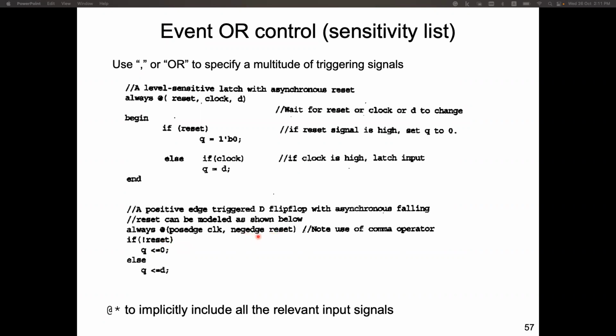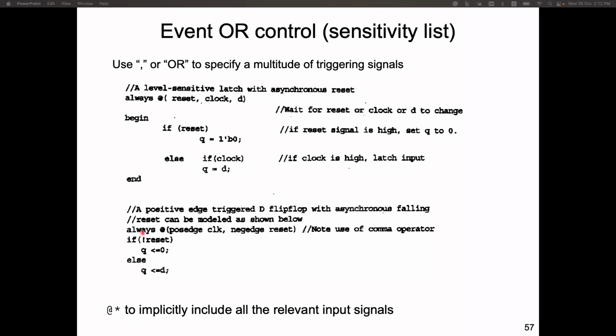Reset signal is included here. Otherwise, the event must be a clock event. If reset is not low, which means we don't have a falling edge of the reset, that means the event must be triggered by the positive clock edge. Then we assign the D input to output Q.